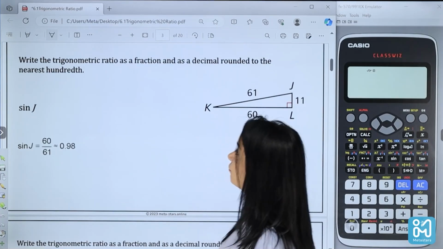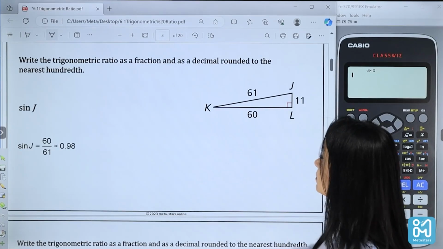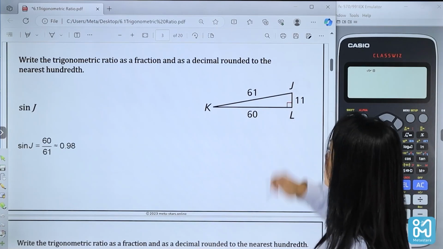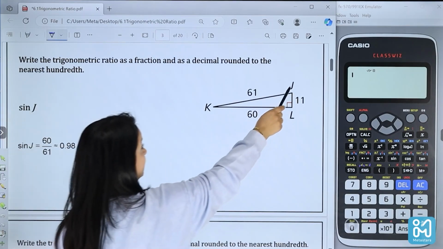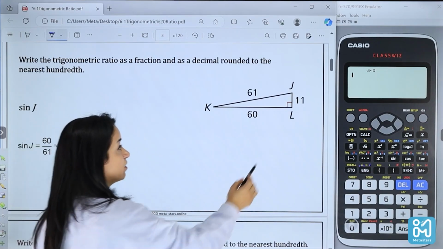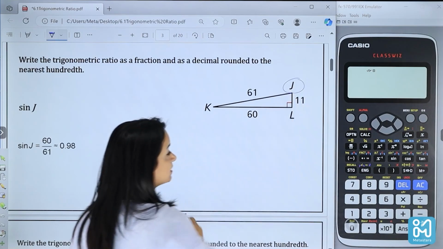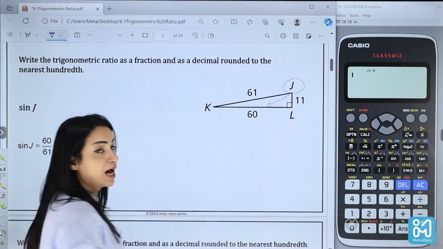Write the trigonometric ratio as a fraction and as a decimal rounded to the nearest tenth. So sine J, where is J? Here is J. We said sine is equal to opposite over hypotenuse. Where is the opposite? This is the opposite. Which one is the hypotenuse?